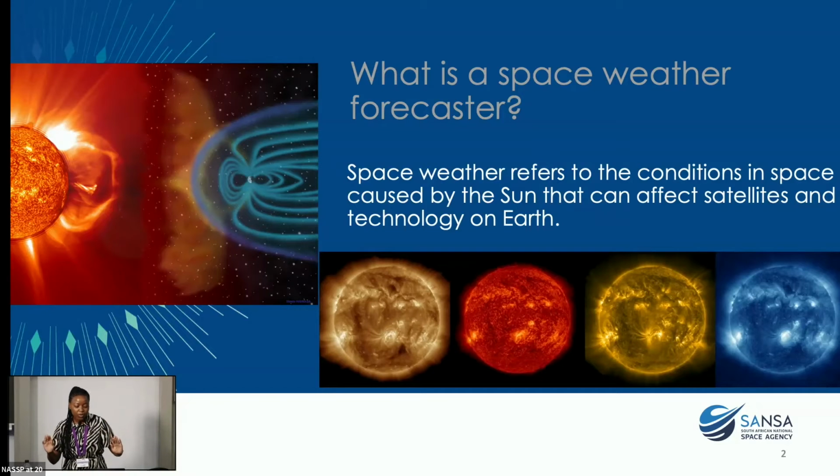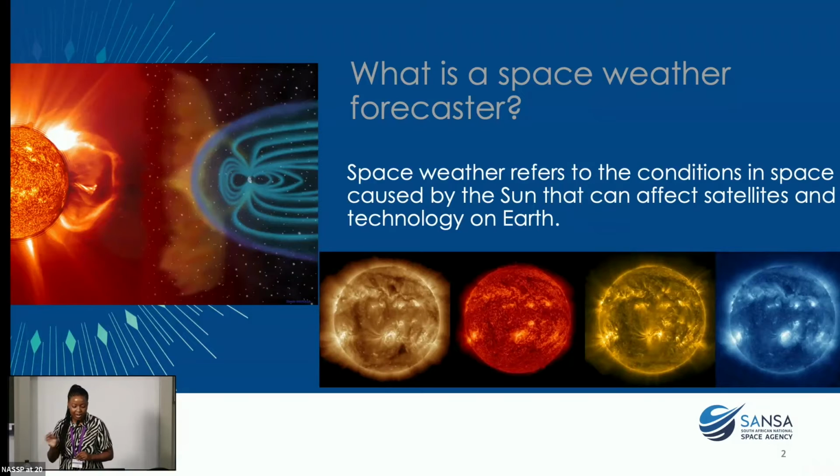I know most of you are familiar with the image on my left, your right, of the sun, where you can see this burst of particles, which we call a cloud of plasma, being directed towards our magnetosphere, which is our magnetic field. These particles, which we call coronal mass ejections, when they bombard our magnetic field, interact with it, and this is how we get geomagnetic storms that can affect the technology that we have here on Earth.